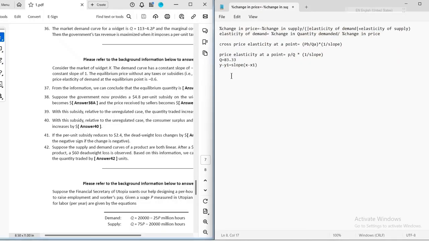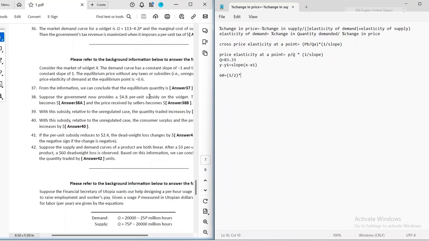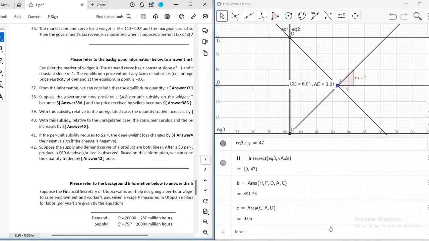Now let me write the formula. So the deadweight loss, that is $60, should be equal to 1/2 times tax, because this length CD is the tax, right?